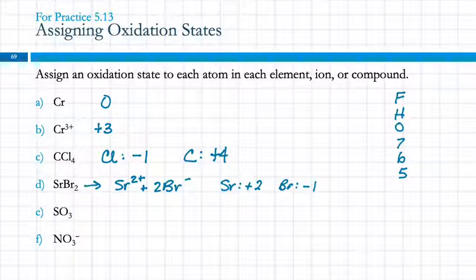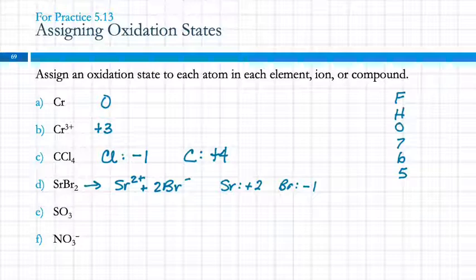SO3. Are there any ions in that? No, because it's just nonmetals, right? So then, any fluorines? Nope. Hydrogen? Nope. Oxygen? Yes. Oxygen gets to pick. What does oxygen pick? -2.